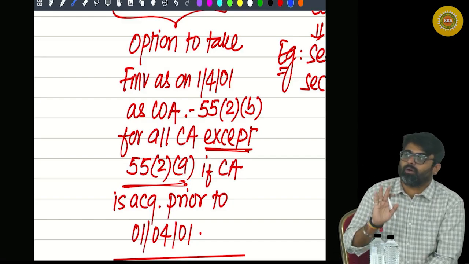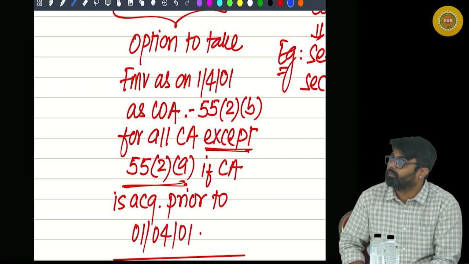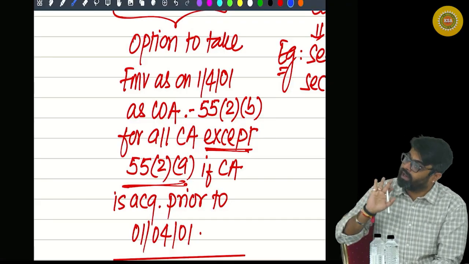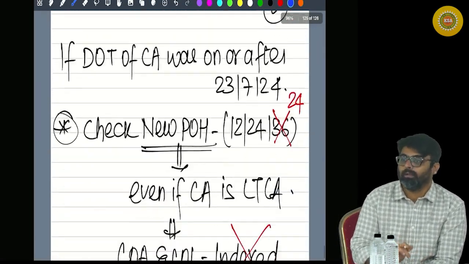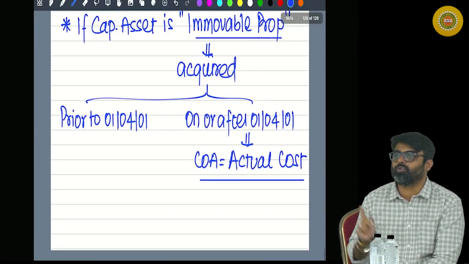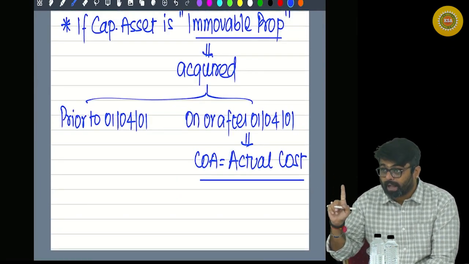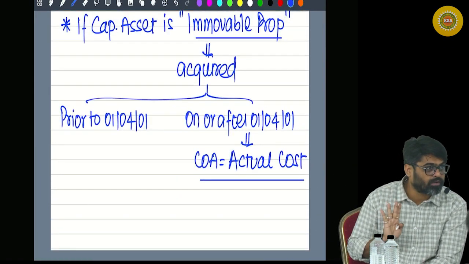Do you get this option for all assets? Did I say excluding immovable property? So even if immovable property was acquired prior to 1st April 2001, you are going to get this option.